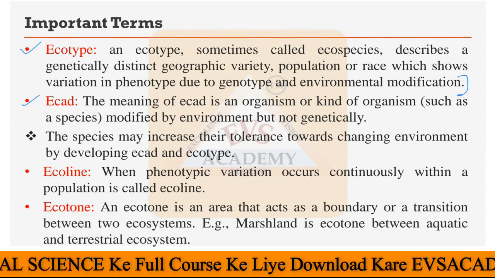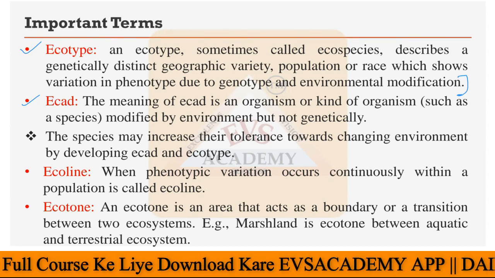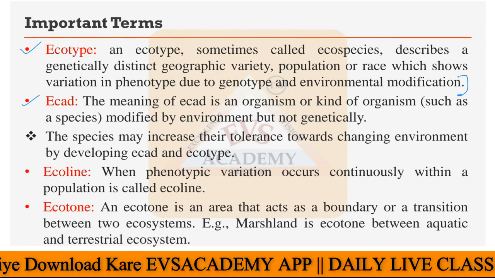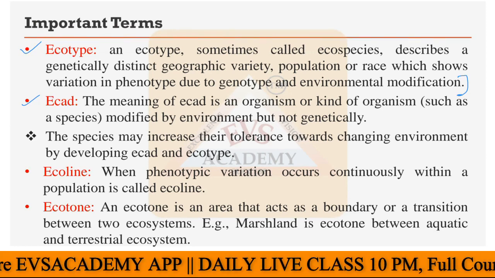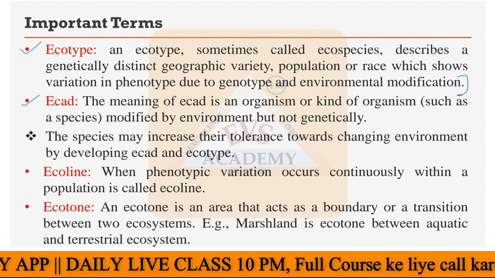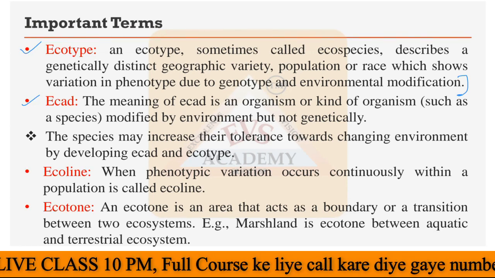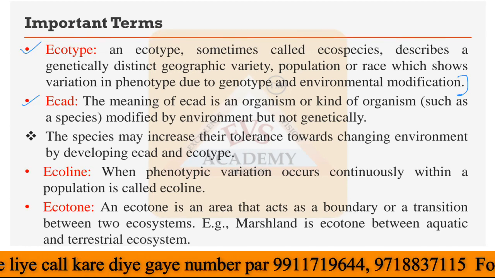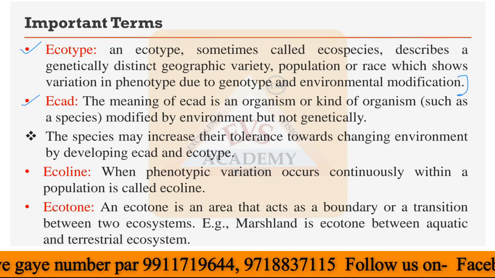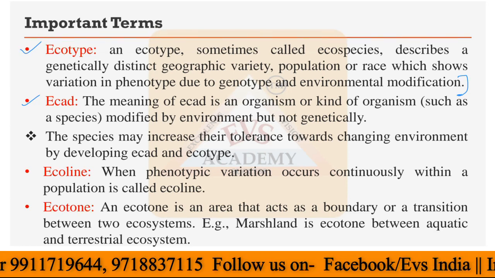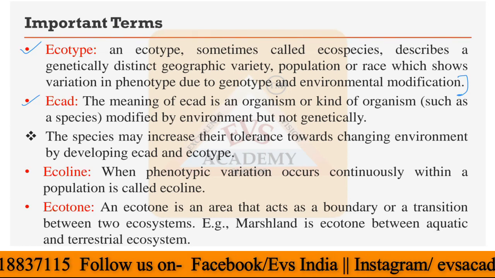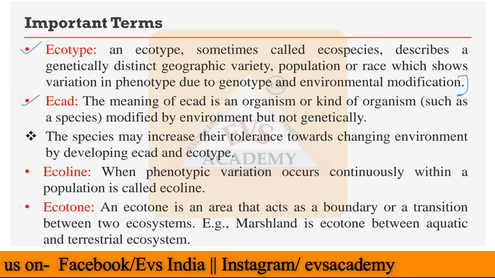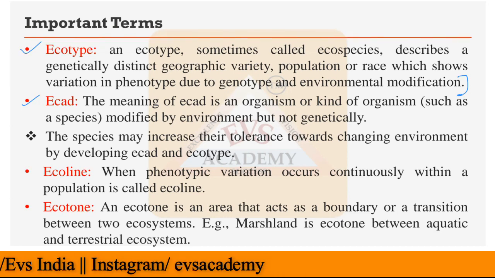Ecocline is when phenotypic variation occurs continuously within a population. It means a kind of phenotypic change, like an ecad, but it occurs continuously within a population. For example, I have given you the example of dogs. If you start moving up in the mountain, you can immediately see the dogs' appearances are changing. Although the species is not changing, the species is the same.